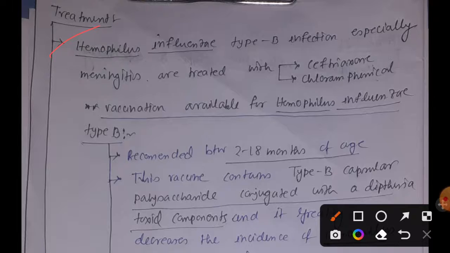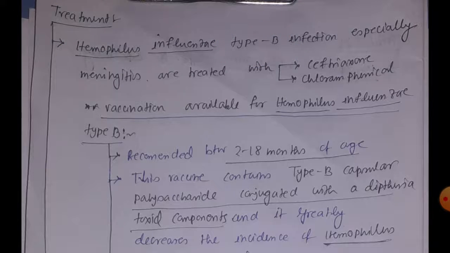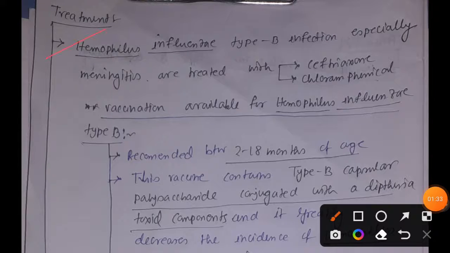Non-typeable means the type which lacks capsules, and type B is named depending on the type of capsular antigen present on the capsular polysaccharide. First we will discuss the drugs and vaccinations available for type B, then we will move on to non-typeable.